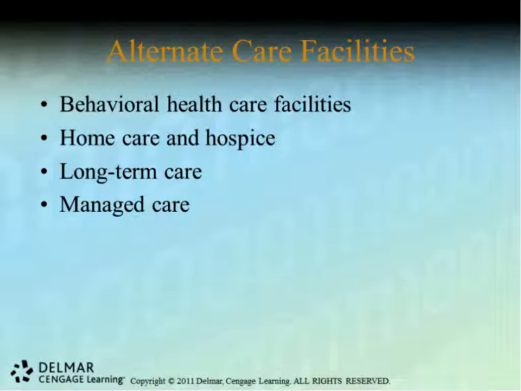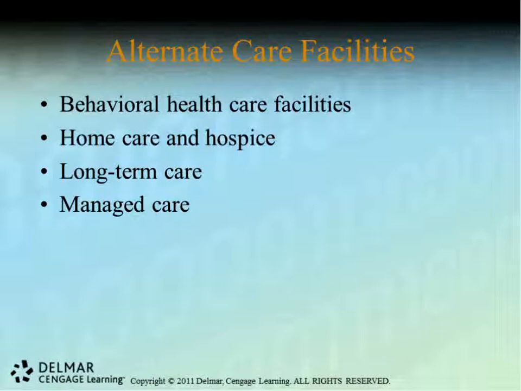Now, there are also some other types of healthcare settings that we can consider. Your behavioral health care facilities, of course, provide services for mental health, psychiatric type things, and you can have different types. You can have your inpatient as well as outpatient.